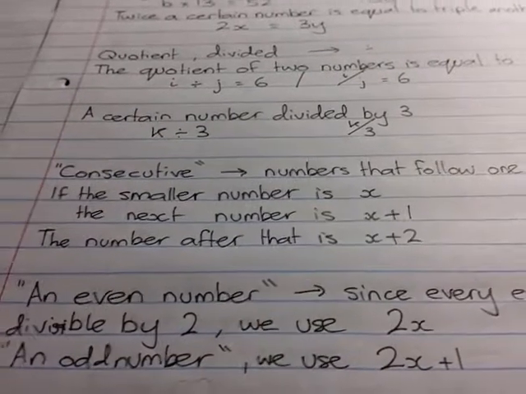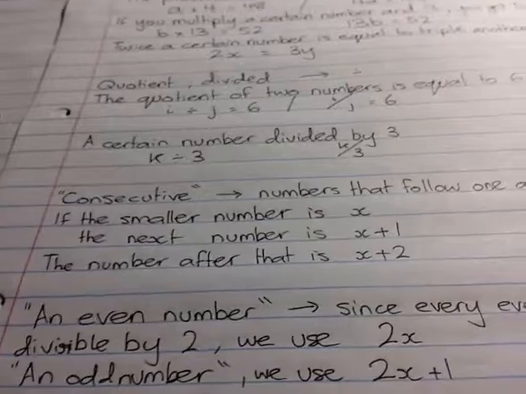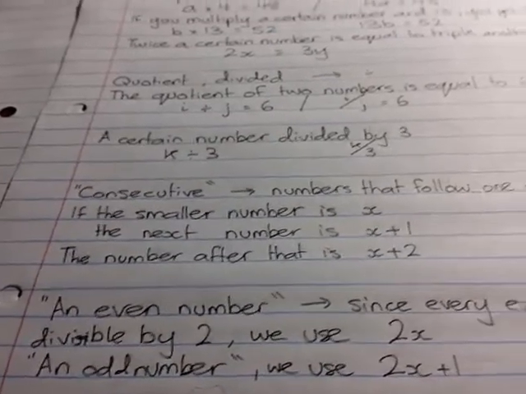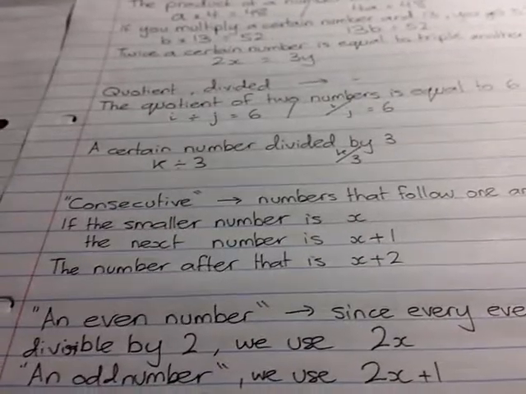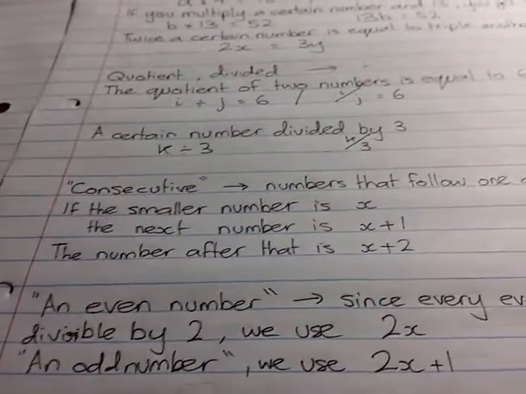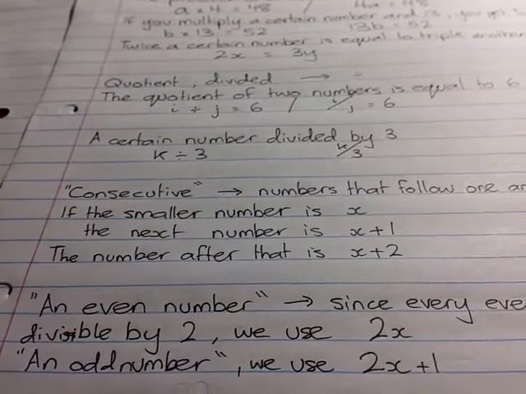Personally, I prefer adding 1 because I prefer keeping my values positive. That's just me. If you feel like using 2x minus 1 would generate you some advantage, then by all means.